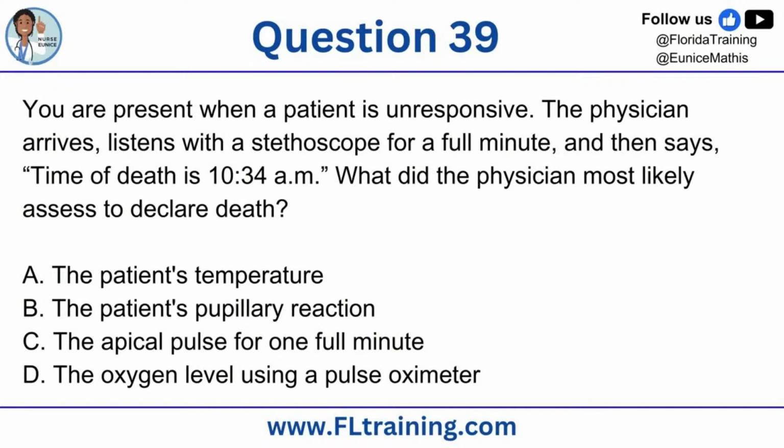Was it the patient's temperature, the patient's pupillary reaction, the apical pulse for 1 full minute, or the oxygen level using a pulse oximeter? So how does a physician determine the time of death? Trick question. Tricky. All right, I'll give you about 10 seconds to answer this one.